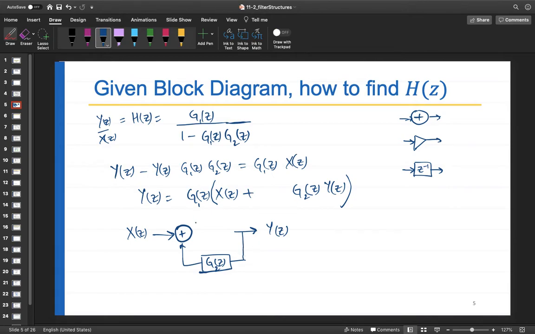And the output of this is X(z) plus G2(z) Y(z). This gets multiplied with G1(z). So in this way, I can represent this given H(z) in terms of a block diagram.